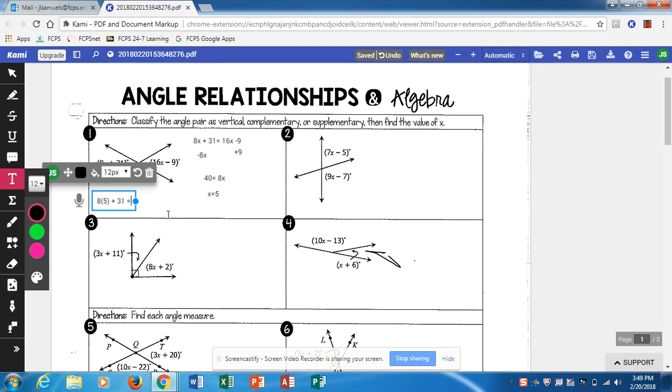8 times 5 is 40, and 40 plus 31 is going to be a measure of 71. Let's do the other one over here, just to show you that they're vertical and they're going to be the exact same thing. So we have 16 times 5 minus 9. 16 times 5 is going to be 80, and 80 minus 9 is going to be 71.